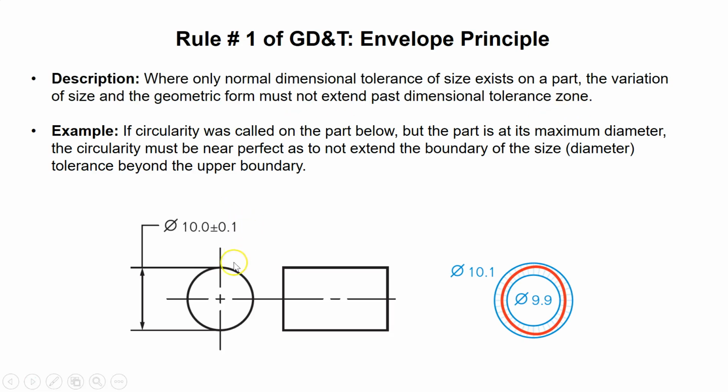So here, let's say I have a cylinder, a shaft, with a diameter of 10 plus minus 0.1. So the maximum size I can have is 10.1. The minimum size is what? 9.9. Fine? Good. So if I machine my shaft between these 2 diameters, in terms of linear tolerance, I am in a good shape.